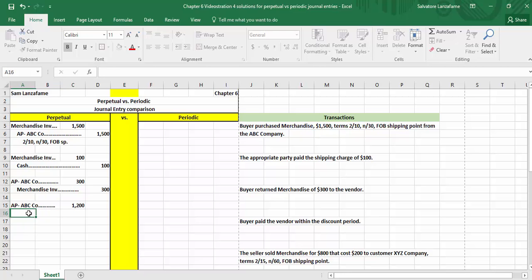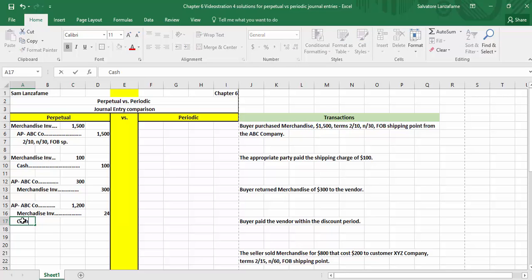Okay, so now we said in this transaction that they paid within the discount period. So that means we were eligible to take this 2%. Whenever you have a purchases discount, it is recorded through the merchandise inventory account. That may seem weird to you, but remember, merchandise inventory is involved in every one of these transactions. So I'm going to go 1,200 multiplied by 0.02 for the 2%, and I get a $24 discount.